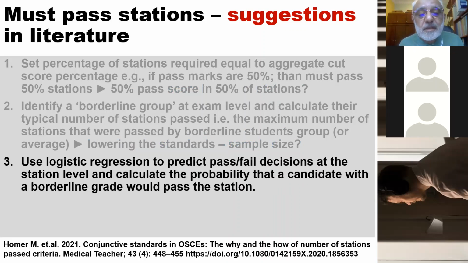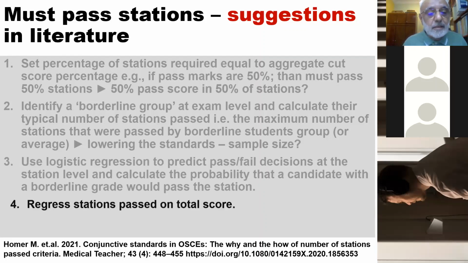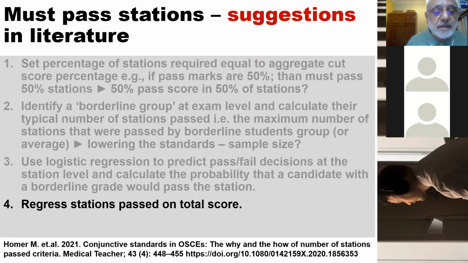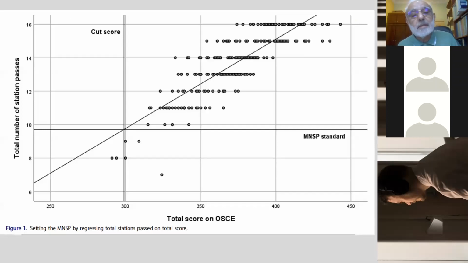Use logistic regression to predict pass-fail decisions at the station level and calculate the probability that a candidate with a borderline grade would pass the station, and then regress station passed on total score. Here is one example.